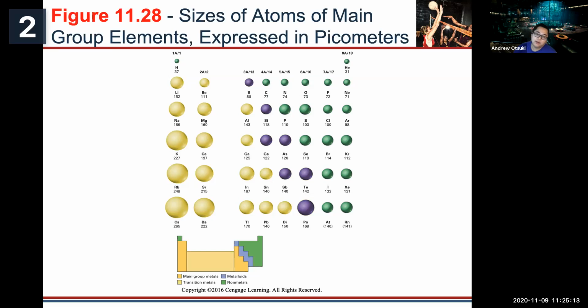You won't get this periodic table or this diagram, so don't worry, but be able to use the periodic table to figure out which element is larger or smaller.